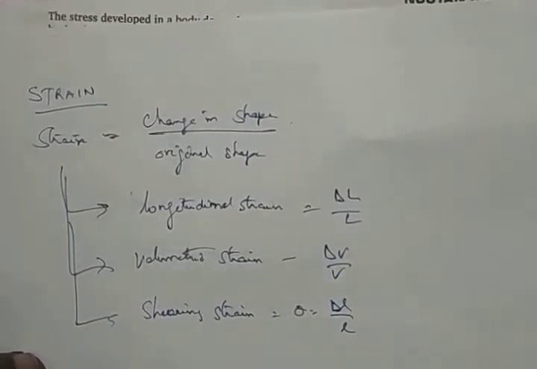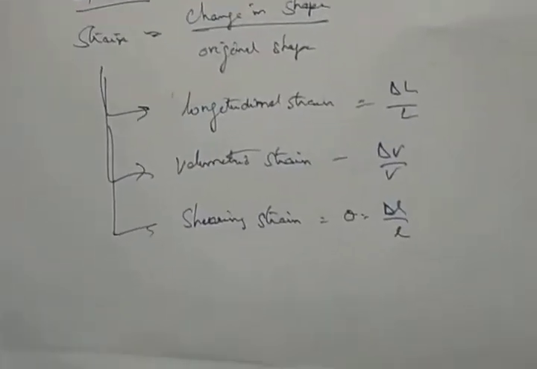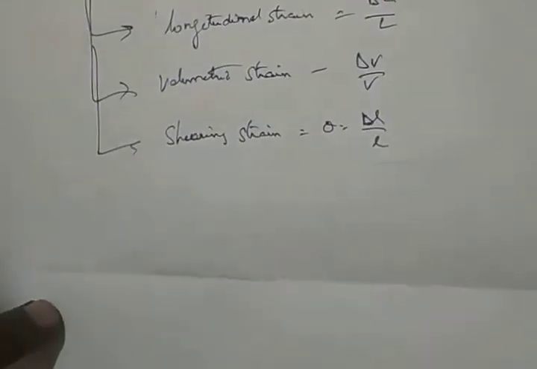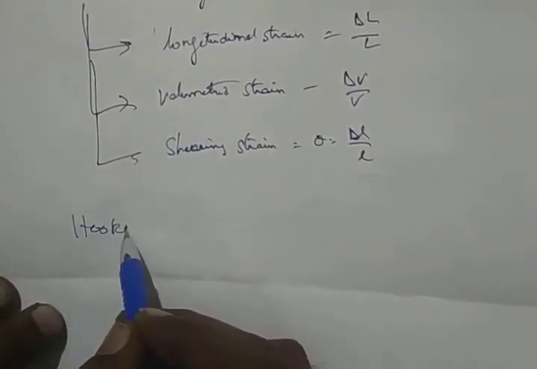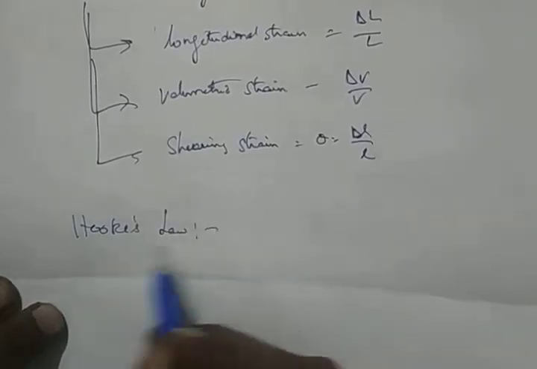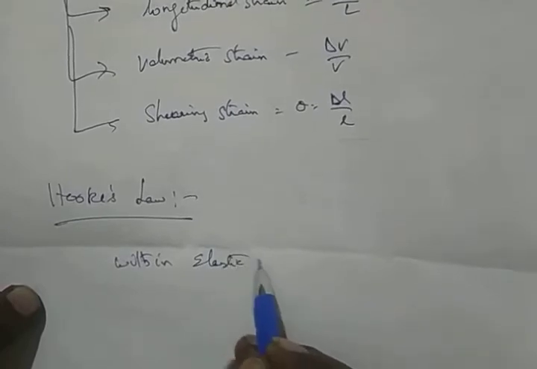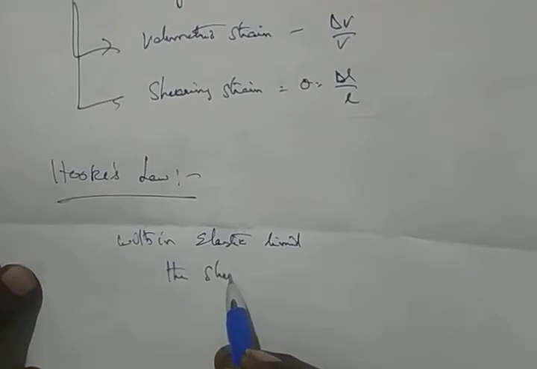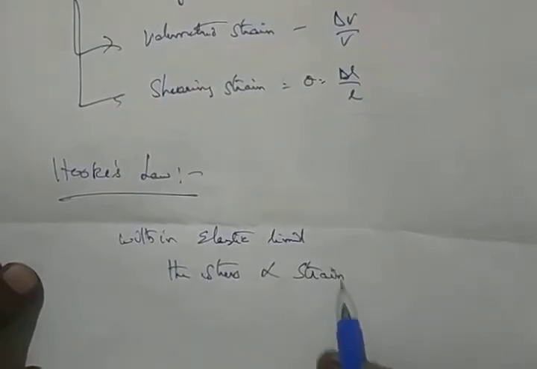Okay. Now let us go to the next part called modulus of elasticity, and it is given by a law called Hooke's law. There was a scientist called Hooke. He said that within elastic limit, there is a condition, within elastic limit, the stress on a body is directly proportional to the strain developed on the body.